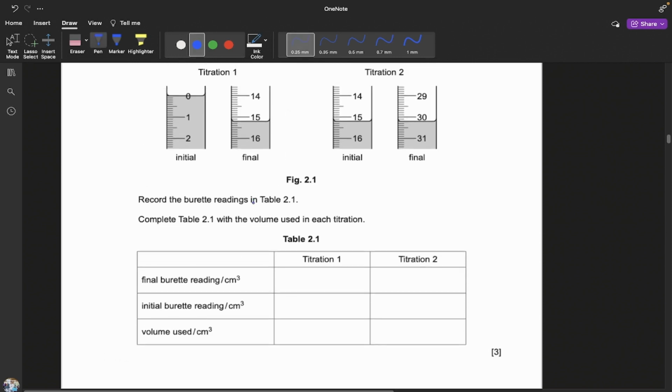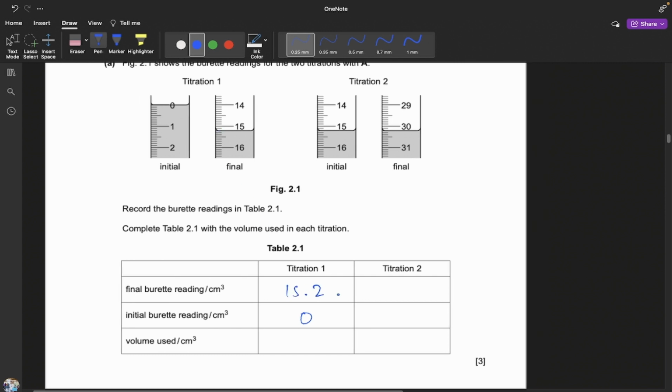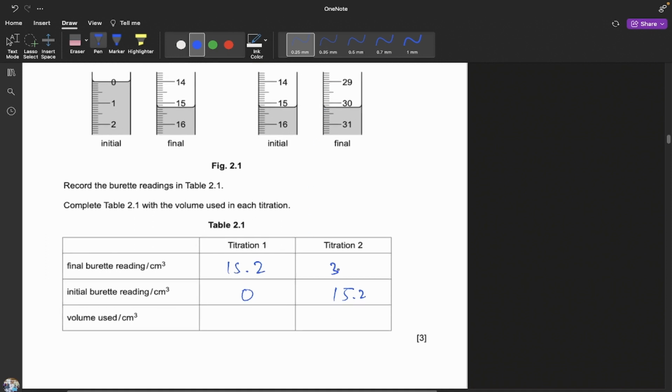So yeah, they're asking the burette readings. Initially, reading of titration 1 is 0, and final reading is 15.2. In titration 2, it starts at 15.2 and ends with 30.2.